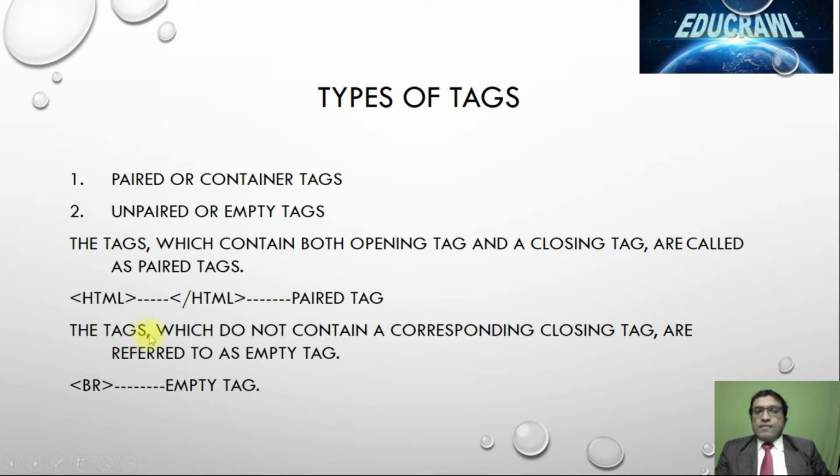The tag which does not contain a corresponding closing tag is referred to as an empty tag. You can see here br, there is no slash br, so that means it is called an empty tag. Once again I will repeat, there are two types of tag: a paired tag or container tag, and an unpaired tag or empty tag. A paired tag will have a closing tag. If there is no closing tag, it is called an unpaired tag or empty tag.